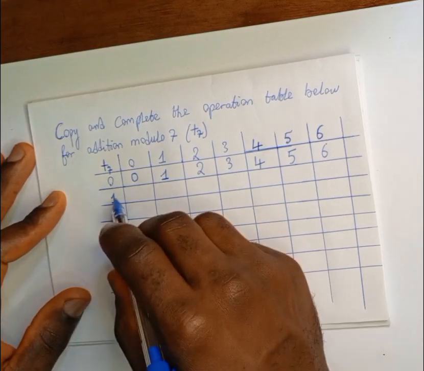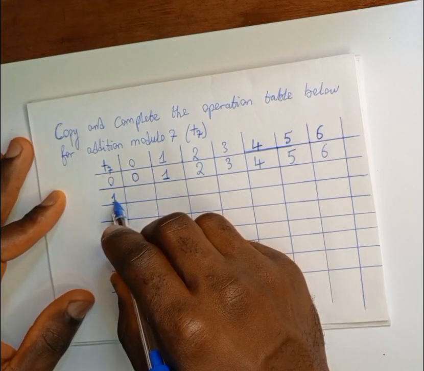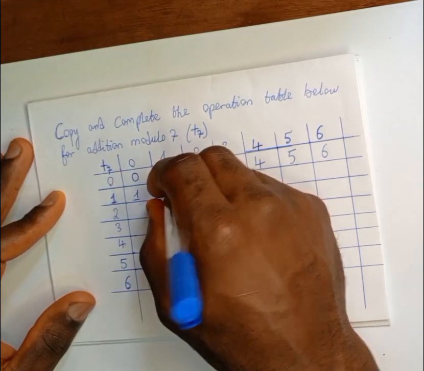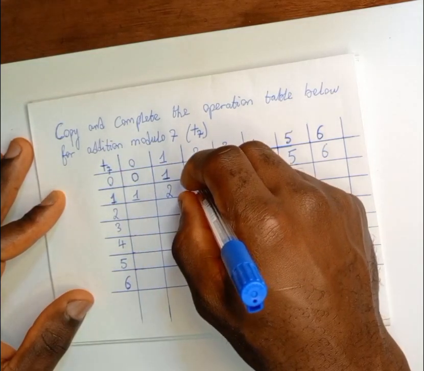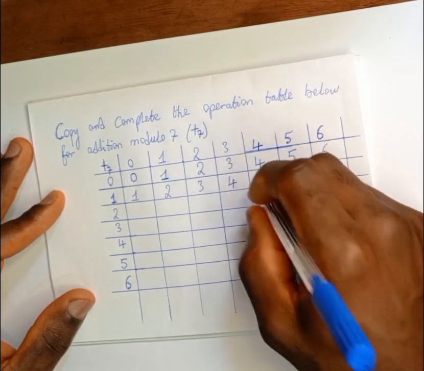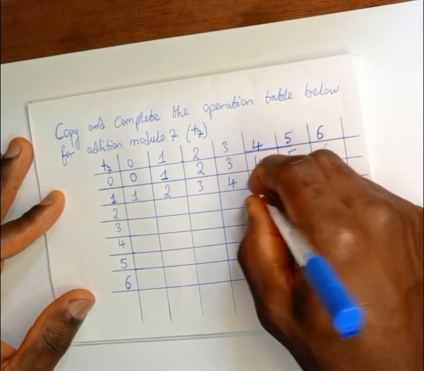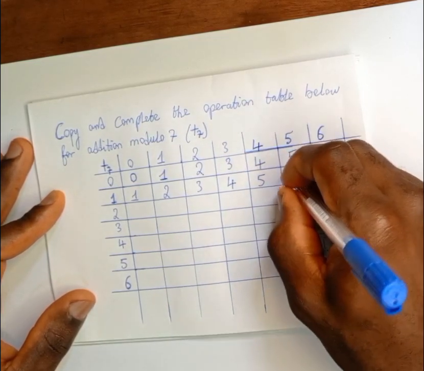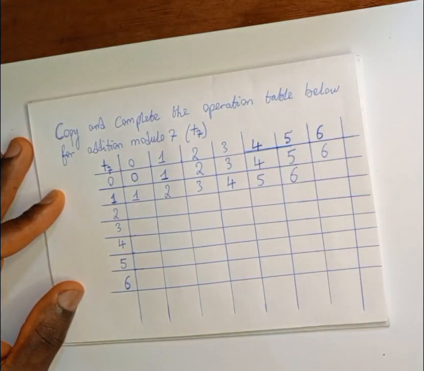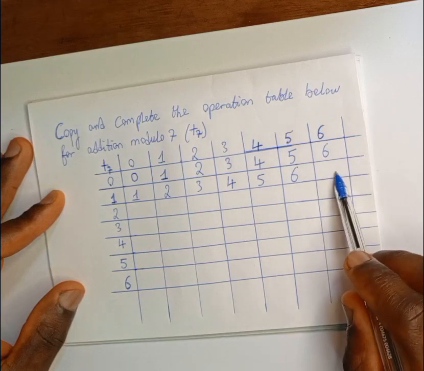We go now to 1. The row 1. We have 1 plus 0 gives 1. 1 plus 1 gives 2. 1 plus 2 gives 3. 1 plus 3 gives 4. 1 plus 4 gives 5. 1 plus 5 gives 6. 1 plus 6 gives 7. In modulo 7, we cannot write down the number 7 here.